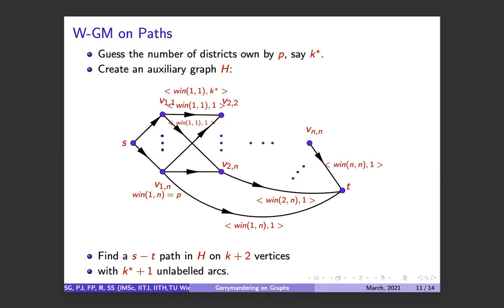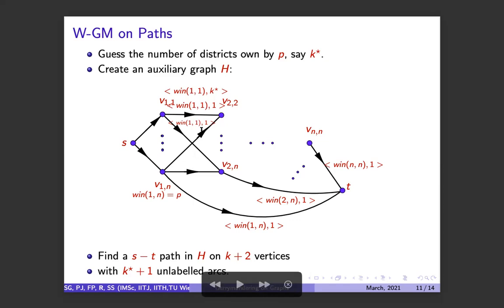So if I have distinct labels on this S to T path, no candidate other than P can win in more than k star minus 1 mini districts.